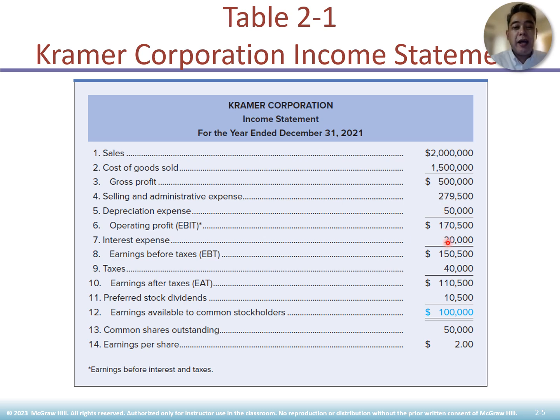But not only that, I need to deduct 20 out of the 170, and then now it will become 150. But I need to deduct taxes of 40, so you're now left with $110. So $110 is what you're left with from a $2,000 sale that you started with a 500 gross margin.